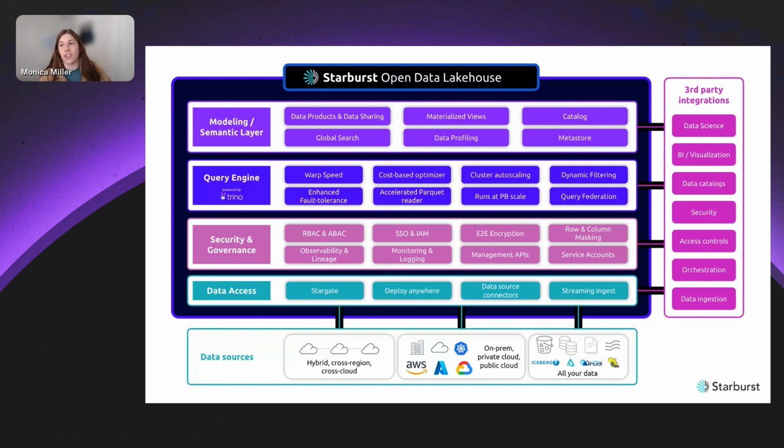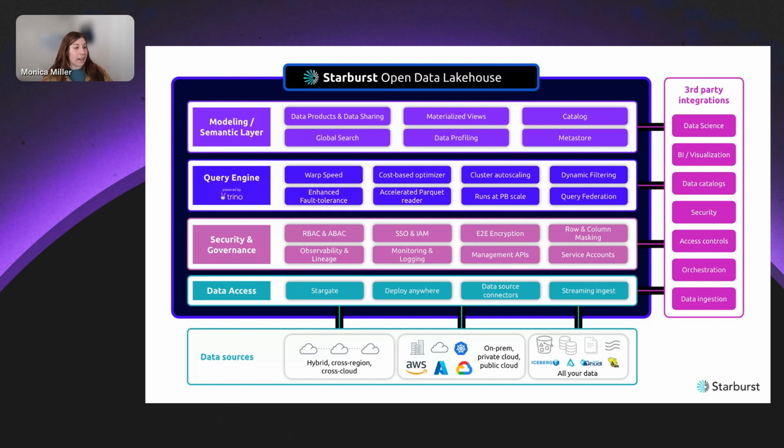Okay, so this is all of the things, Yogesh, that I want you to take into account when you're thinking about the difference between Trino and Starburst. All of these things on the screen are things that you would not necessarily get if you incorporated Trino into your environment. So while we can agree that Trino does have access to the on-prem data sources and the cloud data sources as well, we actually have more connectors on the Starburst side than what's available in Trino. And a lot of them are actually enhanced or optimized so that they're faster, more performant, and give you more information.